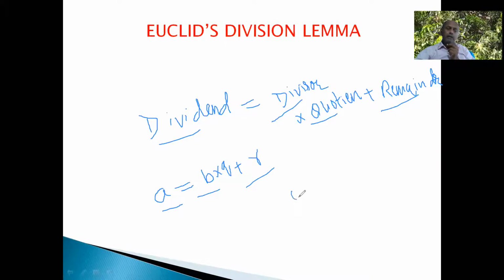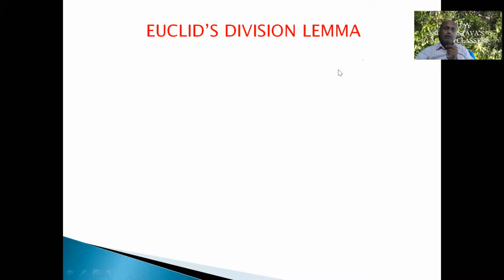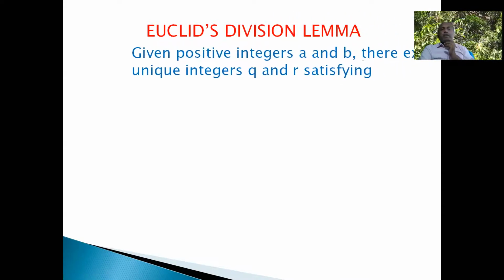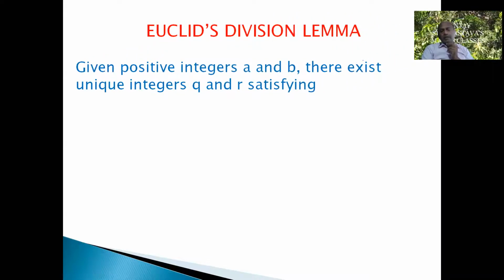Here R is always greater than or equal to 0 and always less than the divisor. So whenever you divide, your remainder must be less than the divisor. You see the division lemma in the formula form. Given positive integers a and b, there exist unique integers q and r that satisfy the condition a is equal to bq plus r.